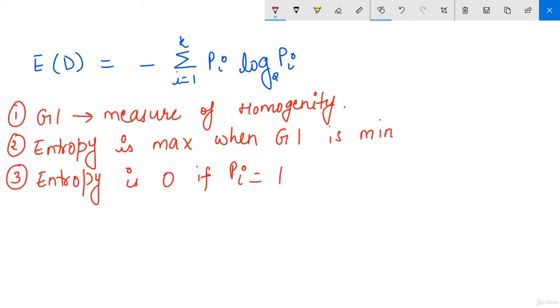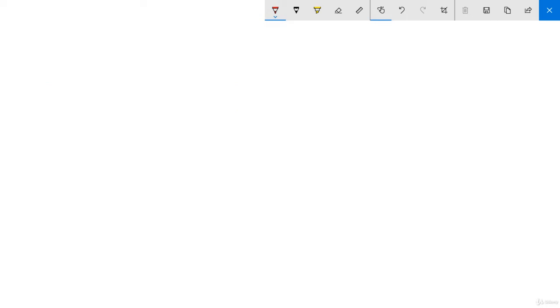So now let me tell you how to calculate information gain. Okay, so I'll just erase this again. Let's say I have a subset of a decision tree.